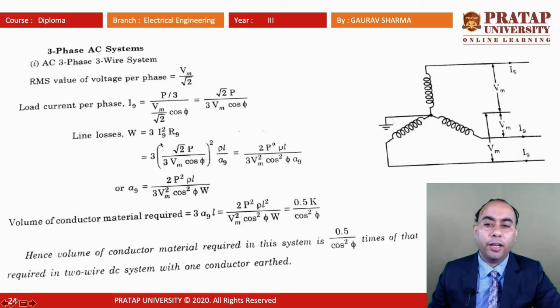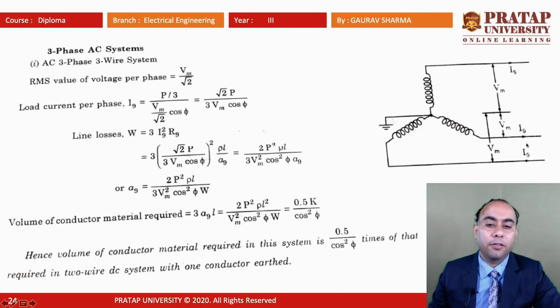And W, we know that we have 3 phases, so W is equal to 3 I9 square R9. From I9 and R9 we put these values and calculate the value of W, and after that we calculate the value of A9, as in the previous derivation. So now the volume of conductor material required in this system is 3 A9 L. Why?